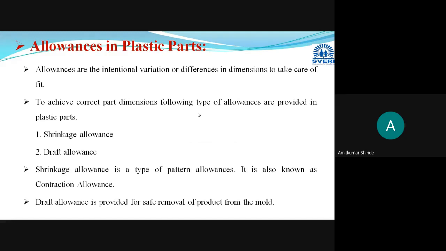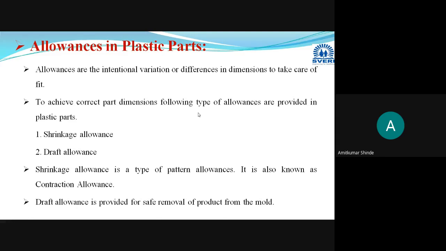Now, what is the meaning of the shrinkage allowance? The shrinkage allowance is provided for compensating the shrinkage. Okay, whichever reduction in the size of that particular component will occur, that we have to provide. It will be termed as contraction allowance or shrinkage allowance. Okay, due to the solidification or cooling, some change in the dimensions will be there, reduction in the size will be there.